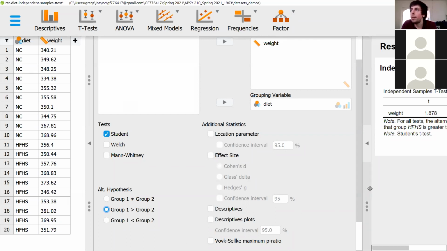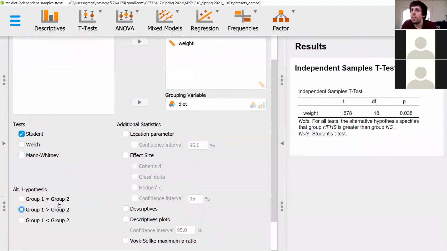That's why when I tried to do group 1 is less than group 2, which would have been the correct alternative hypothesis for the problem we just worked out, I actually have to make it a one-tailed upper test, because that is how JASP had classified the data.